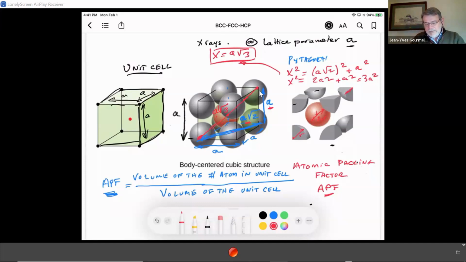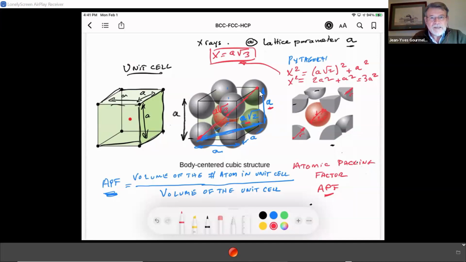And remember, and maybe you would have asked me if we were live here, those atoms are actually touching each other. So that's how you can relate A to R, because in this distance of A root 3, you've got all those atoms touching each other. You've got that radius plus 2 radiuses plus 1 radius here.